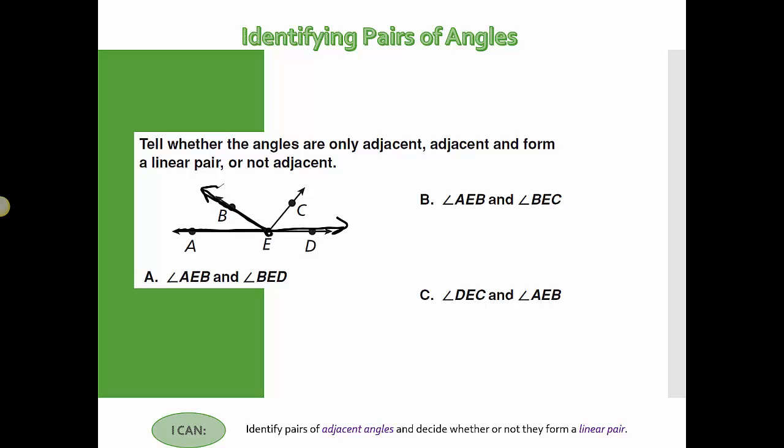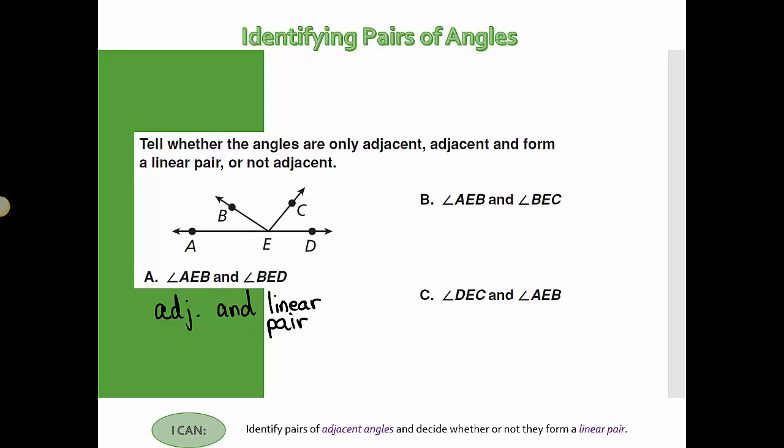So they are adjacent because they meet at E and they have a common side, ray EB, and then the interior of this one is not intersecting with the interior of the other one. And then these form a line. So I would say this is adjacent, that's my short for adjacent, and linear pair, or form a linear pair.